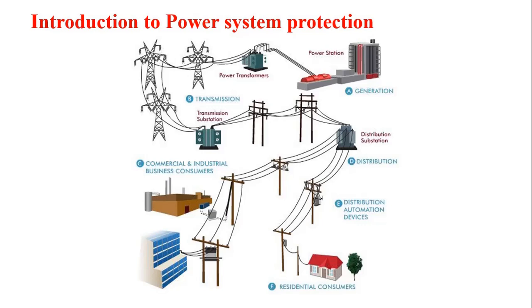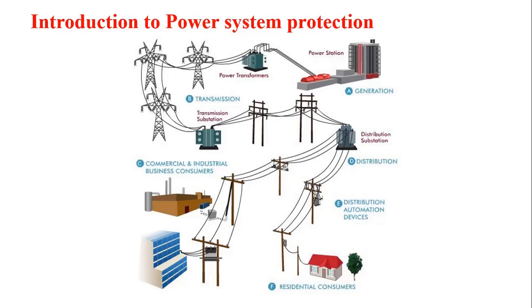Whereas in Power System 2, we have studied the various faults that take place on the power system, that are the symmetrical faults as well as unsymmetrical faults. In case of a symmetrical fault, all three phases of the generator or the power system at any stage, either at the transmission stage or the distribution stage, come in contact with each other.